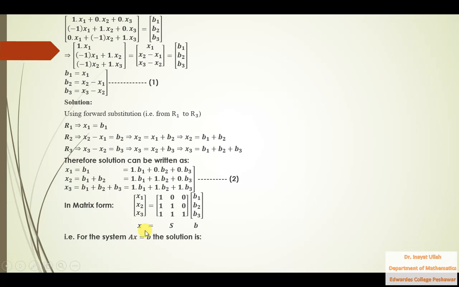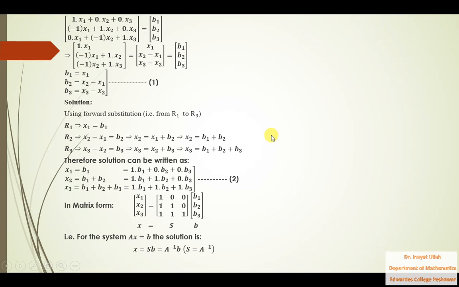So in this case, for the system AX equals B, the solution is X equals SB, and this S is actually the inverse of this A matrix. X equals A inverse B. So that is the solution of that system.